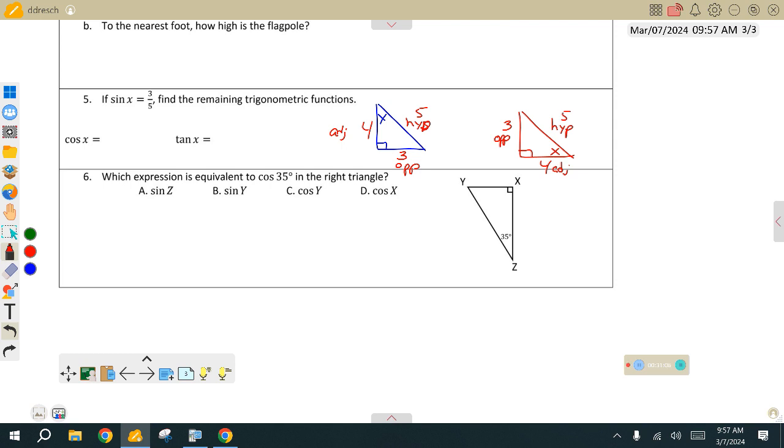Okay, so let's write our ratios out. Cosine of your triangle, cosine of my triangle. Pretty sure it's the same thing, right? Cosine is what? Adjacent over hypotenuse. Absolutely. Tangent is what? Opposite over adjacent, which is in this case 3 over 4.